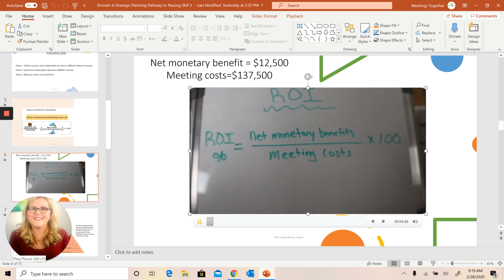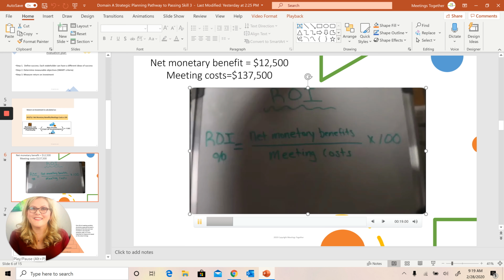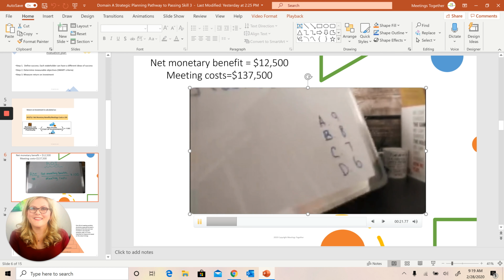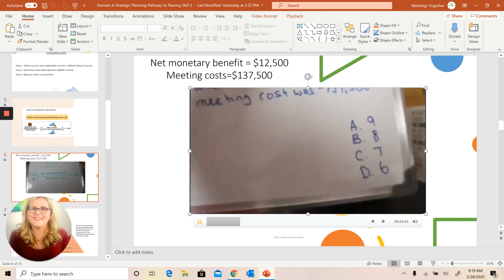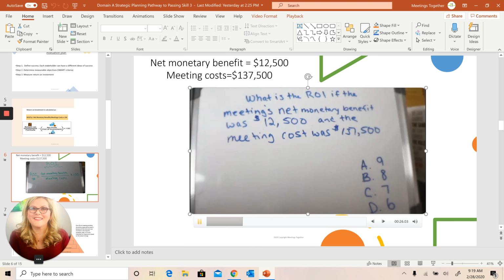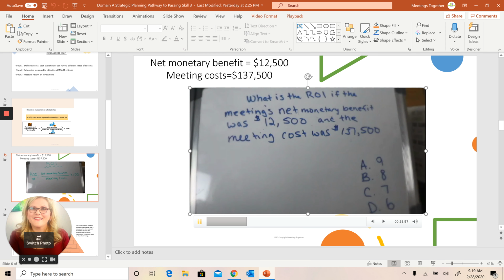This is the ROI formula. So remember, ROI percentage equals net monetary benefits divided by meeting costs times 100. So if on the test you get a question like this, I love my little flippable whiteboard: what is the ROI if the meeting's net monetary benefit was $12,500 and the meeting cost was $137,500?